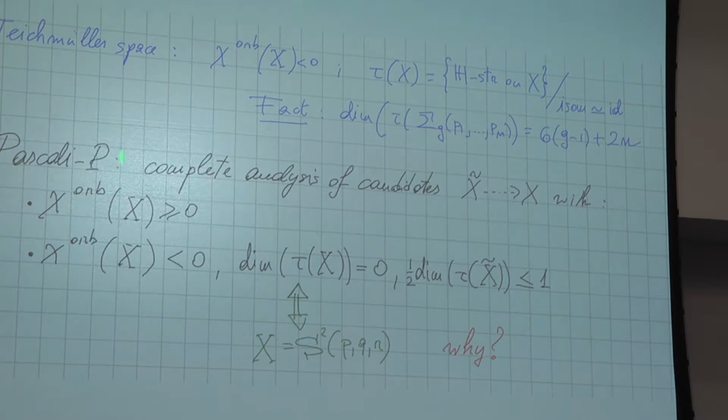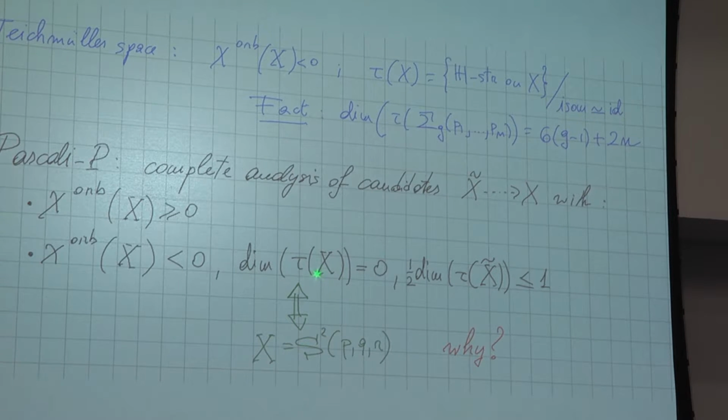And so what we proved, with a former PhD student of mine, Maria Antonietta Pascali, is that we did a complete analysis of the candidates, ex vivo, say, of the branched cover candidates associated to orbifold covers, in the case where the orbifold characteristic is non-negative, and then negative Euler characteristic downstairs. Downstairs, we take only the case where the space of deformations of the hyperbolic structure is small.